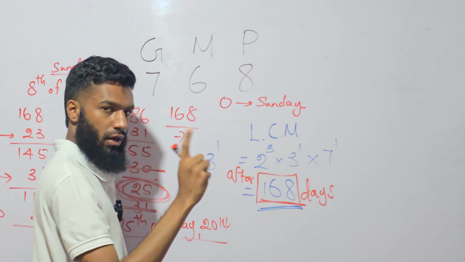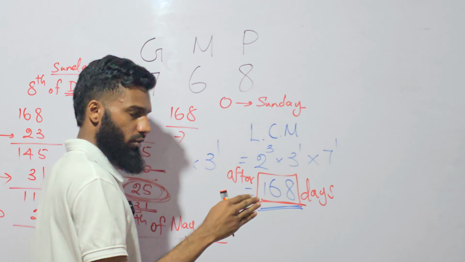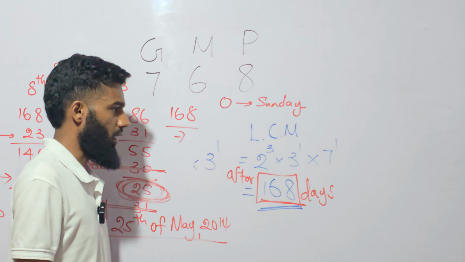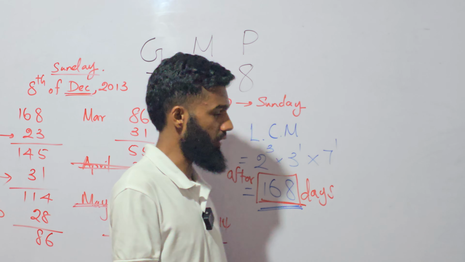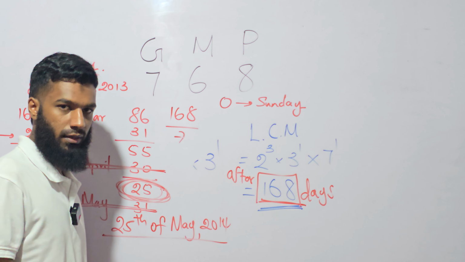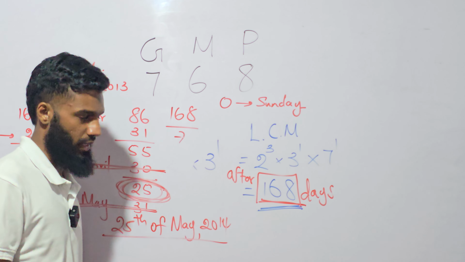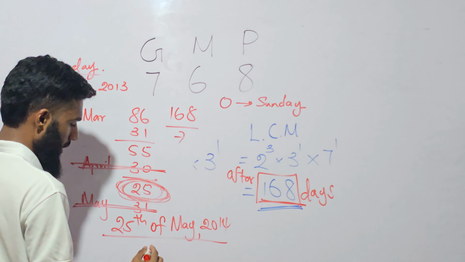If I get remainder 1, they will be meeting on Monday. If I get 2, I have to add 2 days ahead, that means Tuesday. If I get 3, Wednesday. If I get 4, Thursday, like that. If this is divisible by 7, then they will be meeting on Sunday.